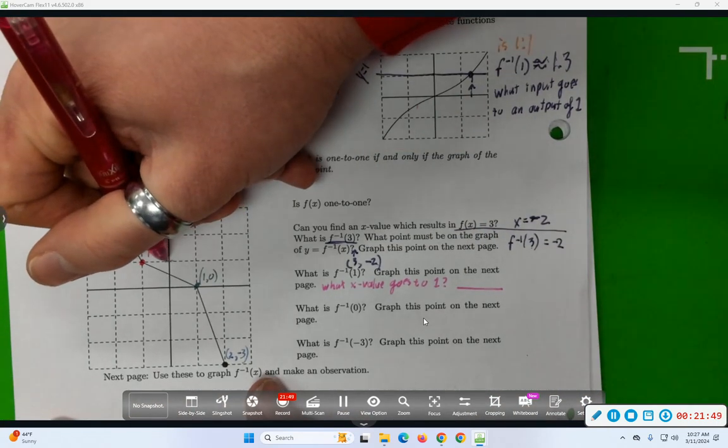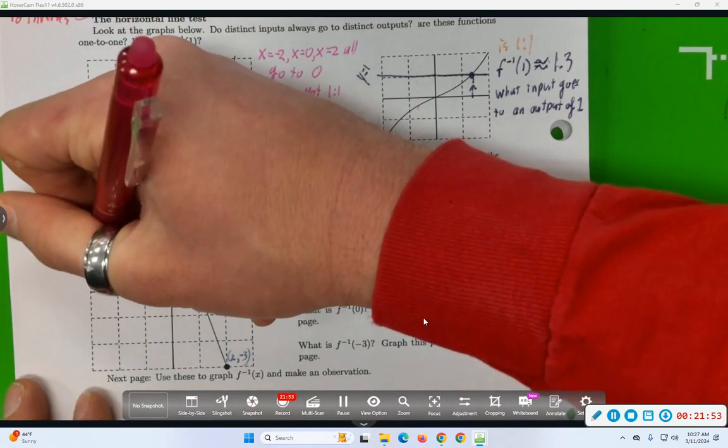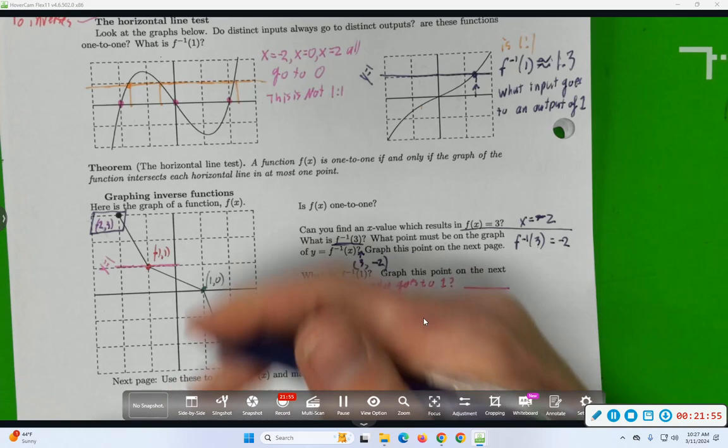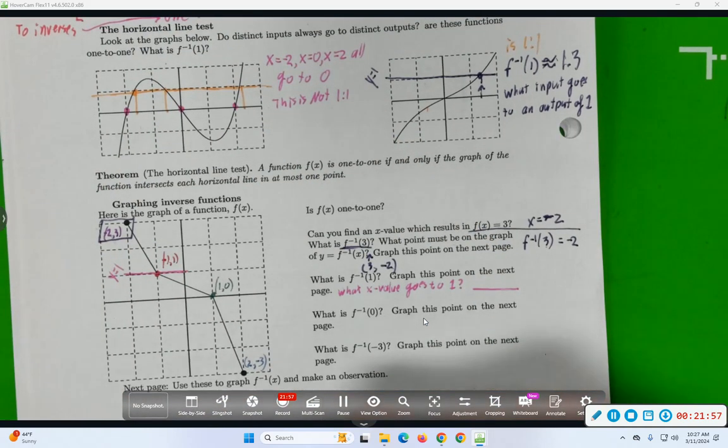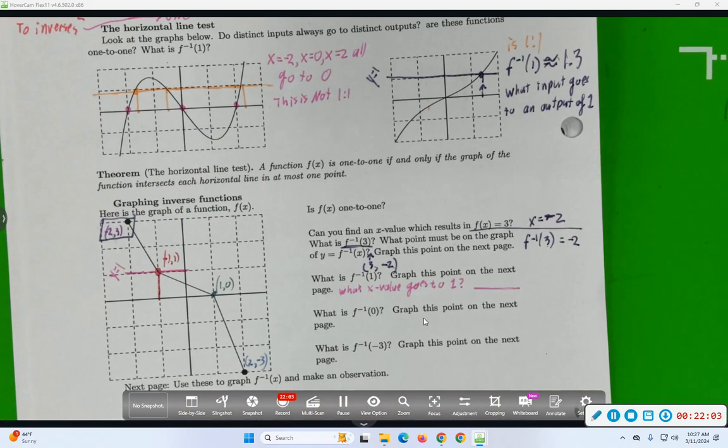So that means I want to start with a y value of 1. I want to see the point where it hits the graph. That's this red point. And what x value is that? Negative 1.